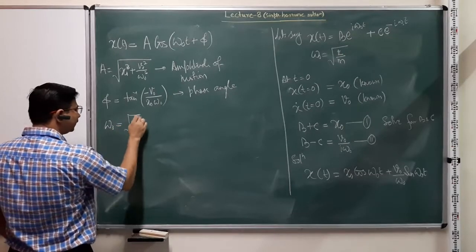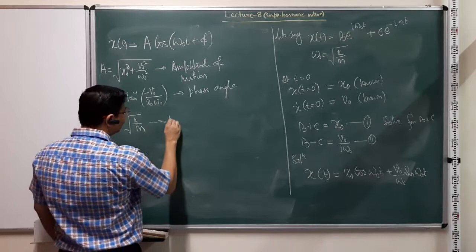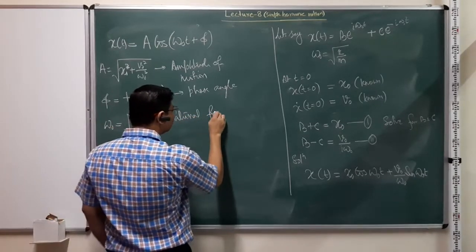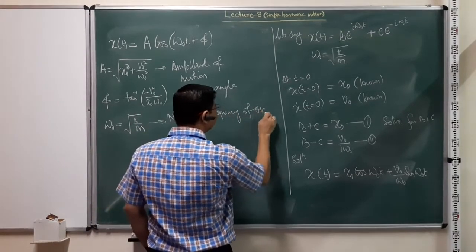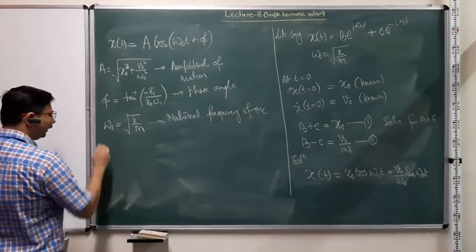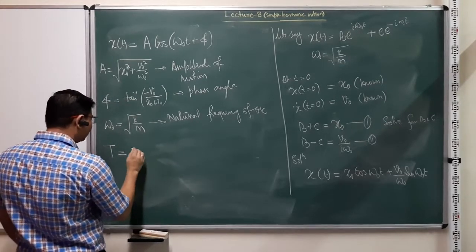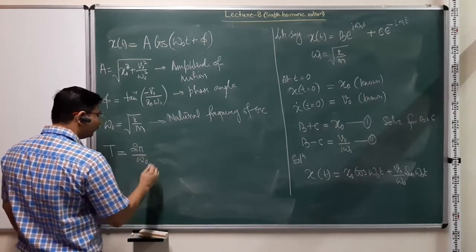Omega naught is, as we said before, square root of k by m, the natural frequency of oscillation, and the time period T is related to this natural frequency. So the time period T is 2 pi by omega naught.